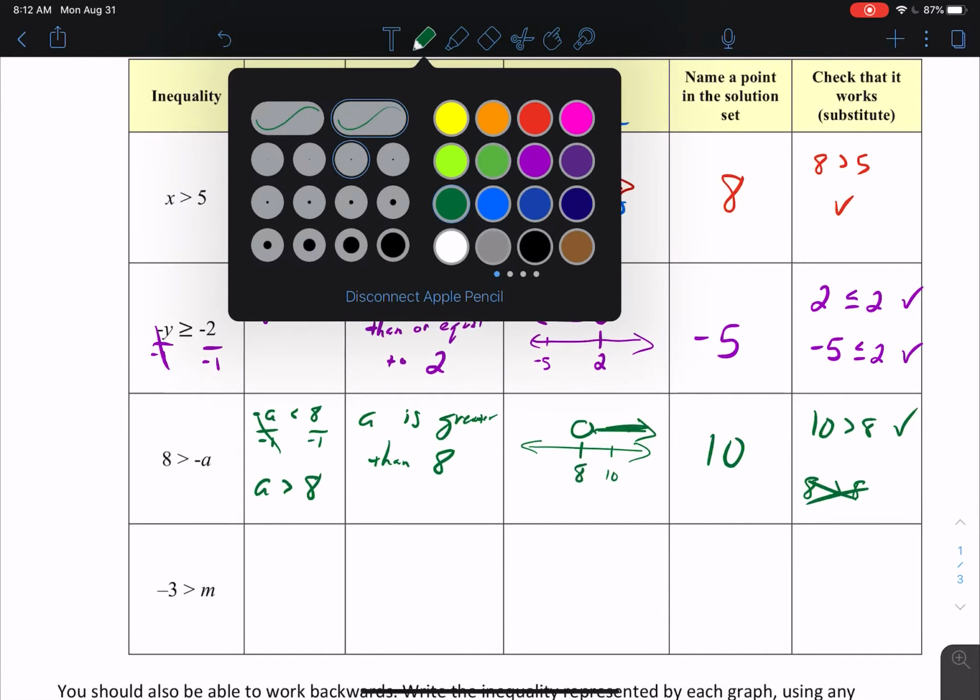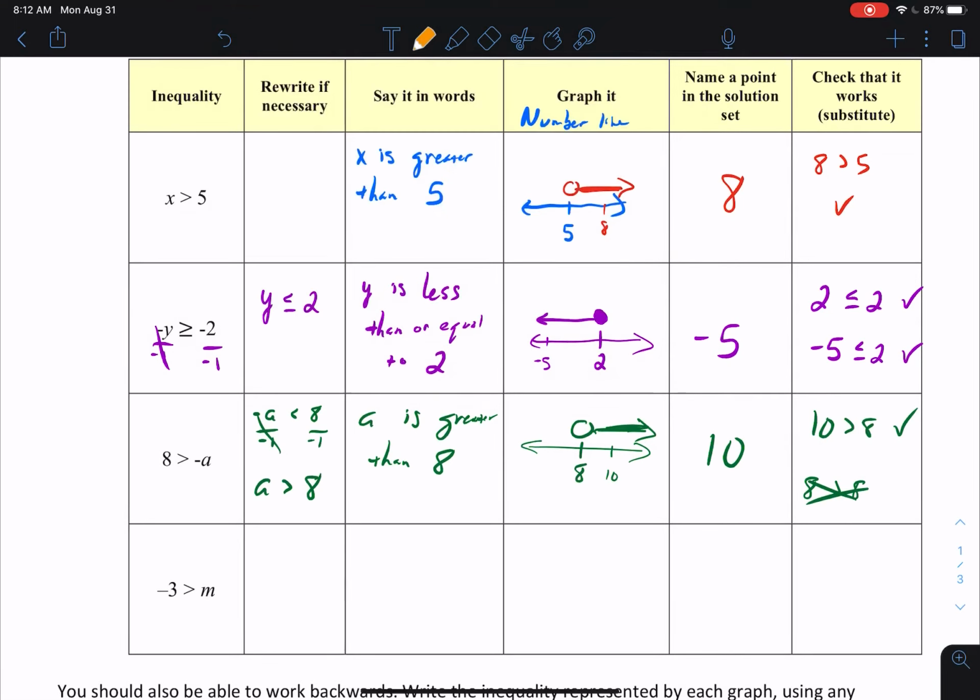And then for our last one here, we have negative 3 is bigger than m, but I want to rewrite that so my variable is first. So m is going to be less than negative 3. I don't need to flip the sign because I'm not dividing or multiplying by a negative. All I'm doing is rewriting it so that my variable is first. So m is less than negative 3.